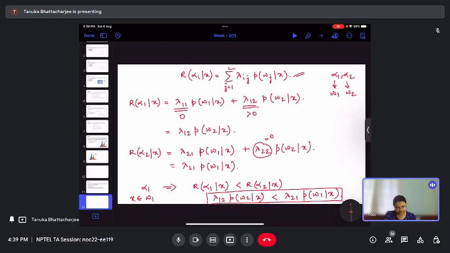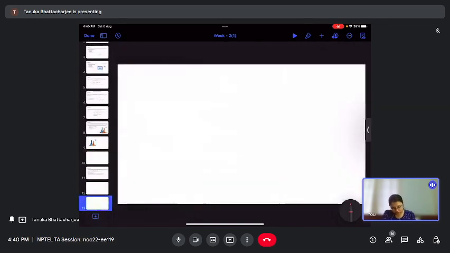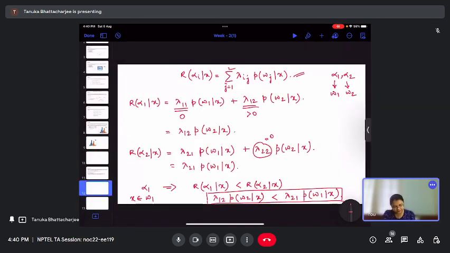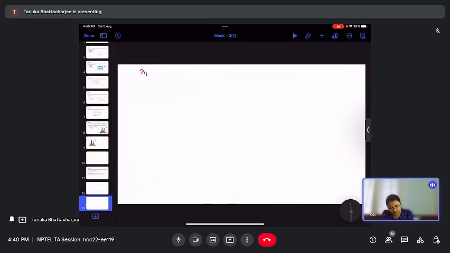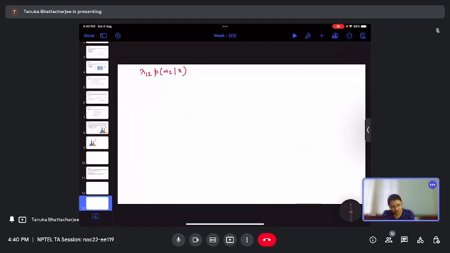So, now let us simplify this expression a bit. So, what we have is lambda 1 2 into probability of omega 2 given x less than lambda 2 1 into probability of omega 1 given x.